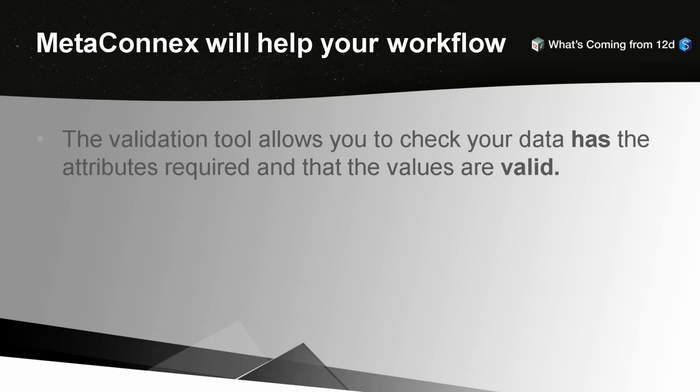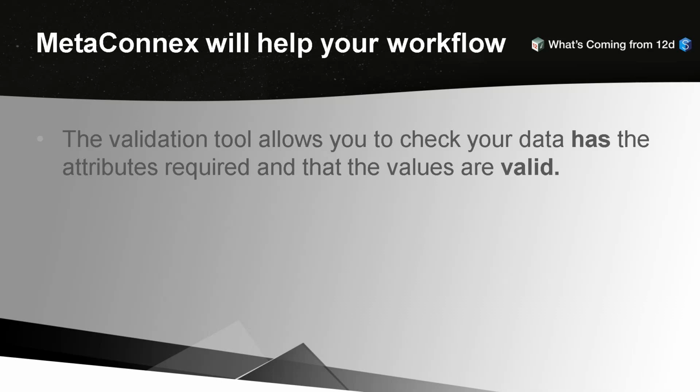The validation tool allows you to check your data has the attributes required and that the values are valid. So before you write your data out, you want to first of all make sure it's there, it has all the right information, and that the values are valid. So you can put in ranges. If it's a real value or an integer, you can say that it's between, say, 0 and 500.